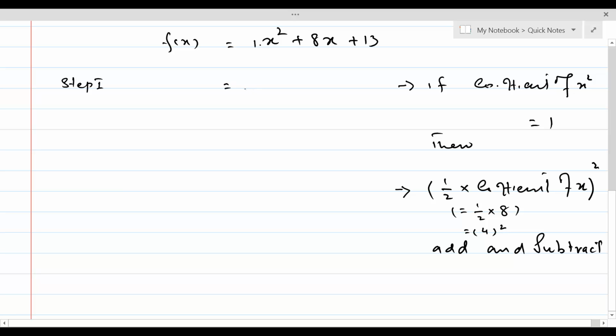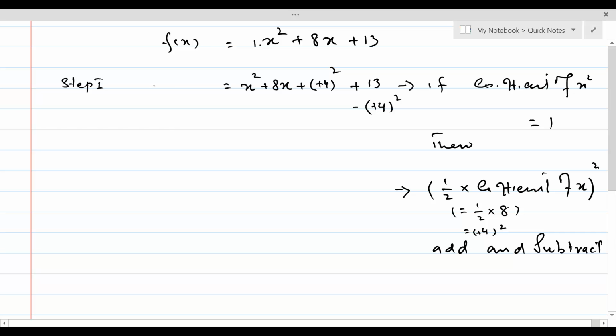So this is equal to x square plus 8x, and now we add plus 4 square, plus 13, and we will subtract the same thing, minus 4 square, as well.